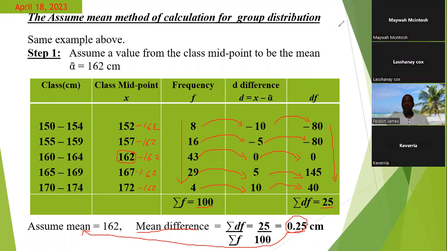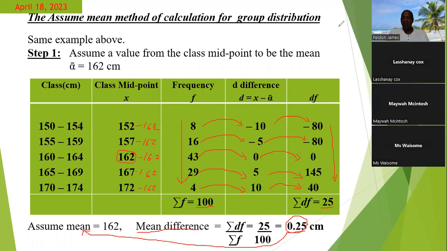All right, now using the assumed mean method is an option. It doesn't mean that you will have to use this method. You can use the other method that we have done before this one, right? And you will pretty much get the same answer. But this method works well when you have a lot of numbers and you're working with large numbers, because sometimes your data values may be more than just in the range of 1,000 or so.